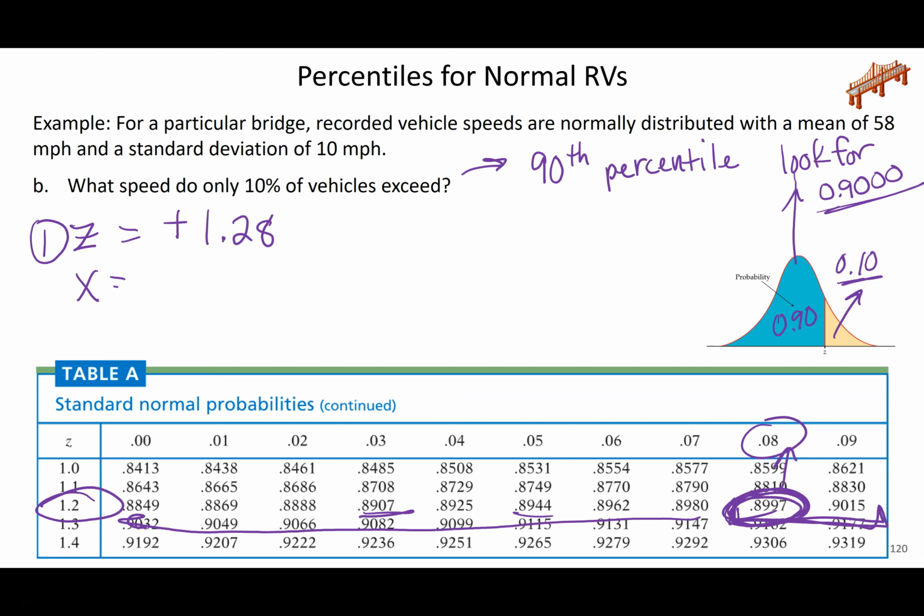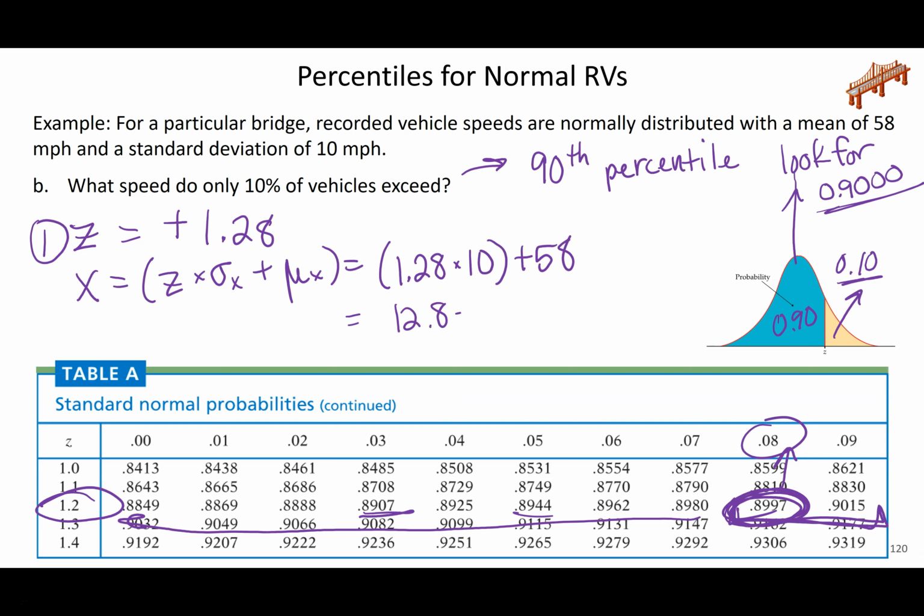So now x is equal to z times sigma plus mu. I'm just going to plug in. So now it's positive 1.28 times 10 plus 58. It's going to be 12.8 plus 58.